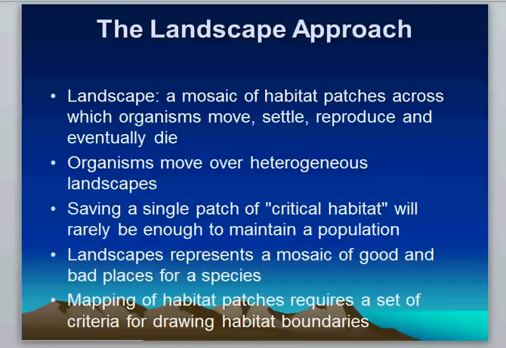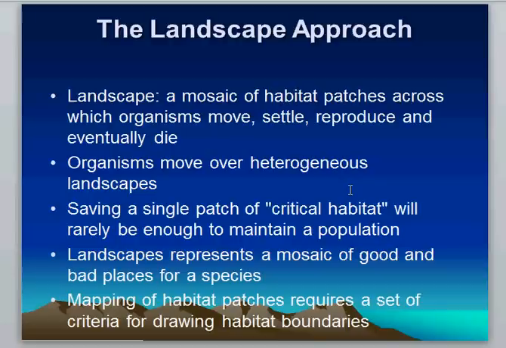So we need to try and minimize the fragmentation of these habitats, and if they are fragmented, build corridors of habitat which allow individuals of the population, the metapopulation, to travel between these different patches.